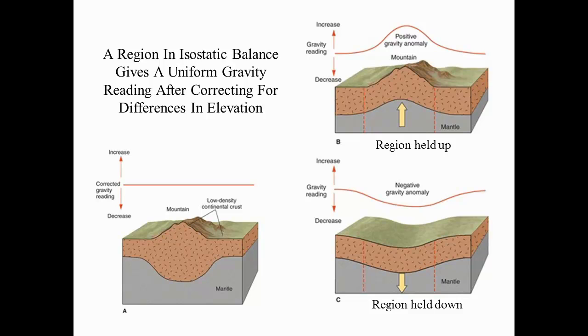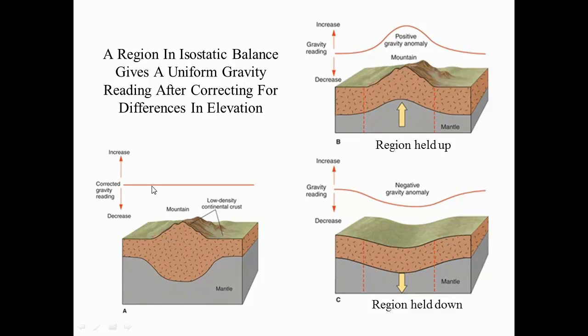Now here's something else interesting. A region in isostatic balance gives a uniform gravity reading after correcting from the differences in elevation. And that's shown in the lower left-hand figure. So notice that we have a mountain, and then we have 2 lowlands on both sides. And notice how much thicker the crust beneath the mountain is relative to the crust on either side of the mountain.